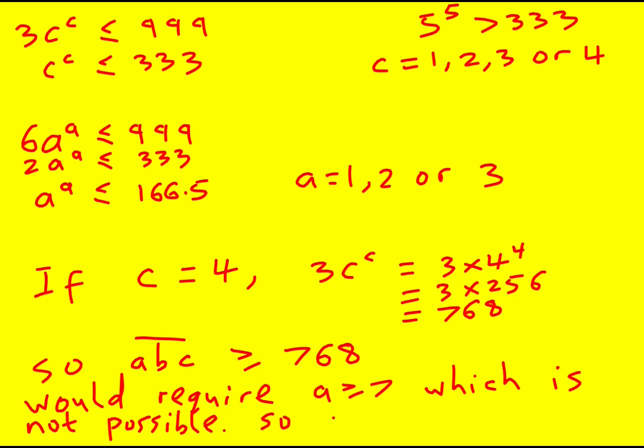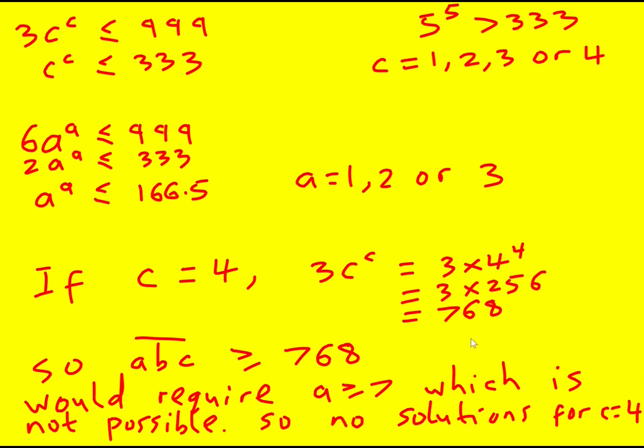So no solutions. I don't need to do any more. I don't need to think about multiples of 3 that involve a 4 because it's just not possible. No solutions when C equals 4.